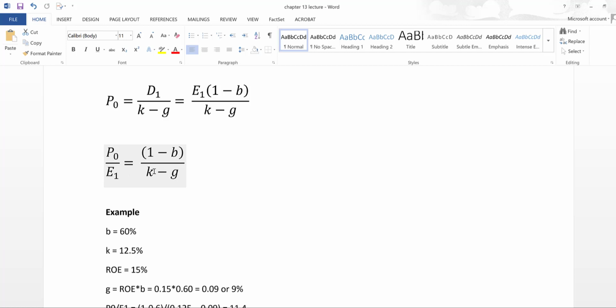However, this is actually a conditional relationship. Remember, not all growth is good. Only growth that adds value for the shareholders is desirable. Remember, we talked about the PVGO, the present value of growth opportunities. ROE has to be greater than K for growth to be value adding. Only when ROE is greater than K will a higher G lead to a higher valuation and therefore a higher PE ratio.